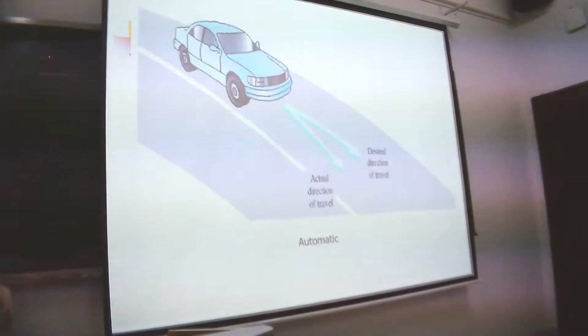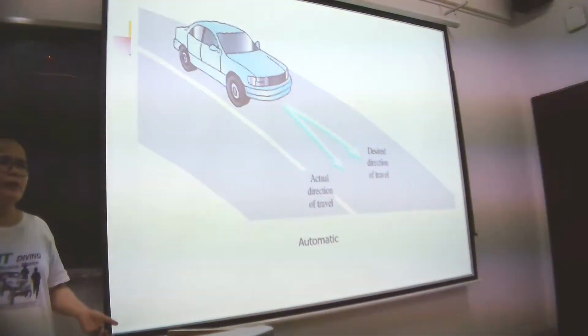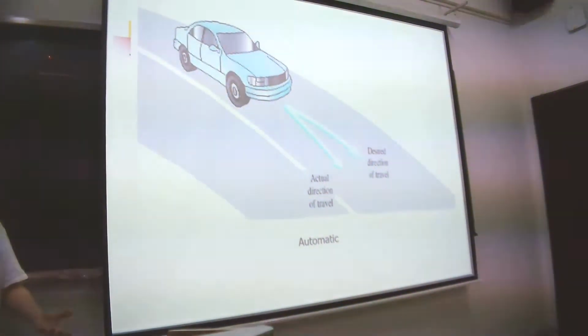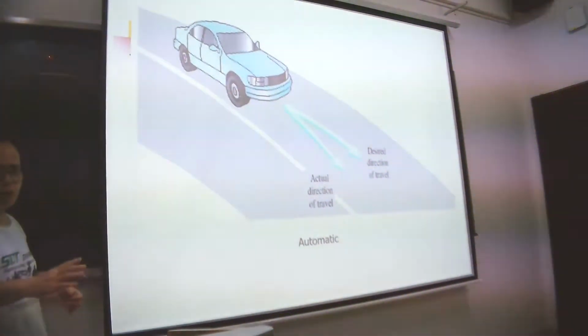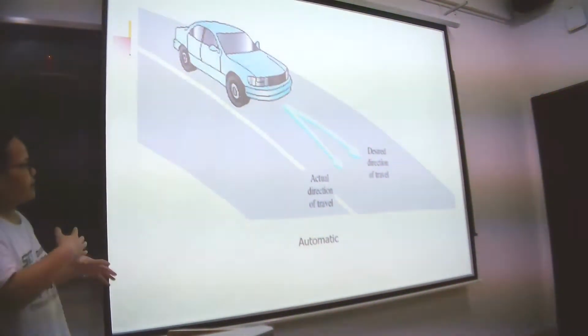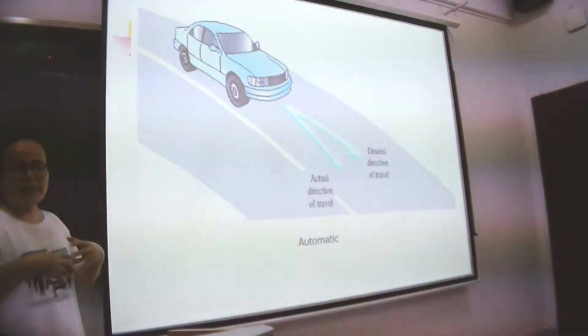Now in physics, it is one: it is the velocity. Velocity has two parts. It's the speed. Another is the direction. But for this car, these two elements are controlled by two different elements.